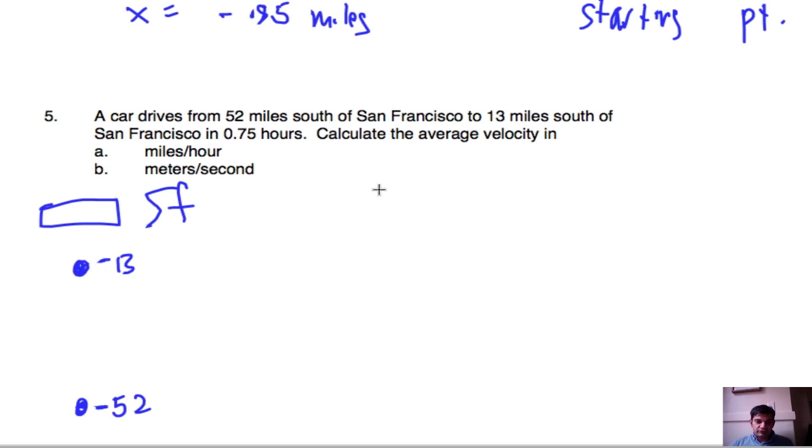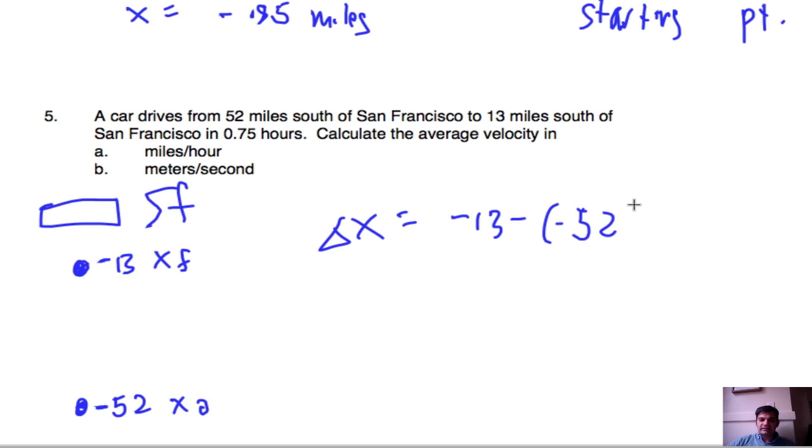And we'll actually go ahead and do that calculation. This is the initial, this is the final. So our displacement is going to be negative 13 minus negative 52. And V naught is going to be our displacement over our time.